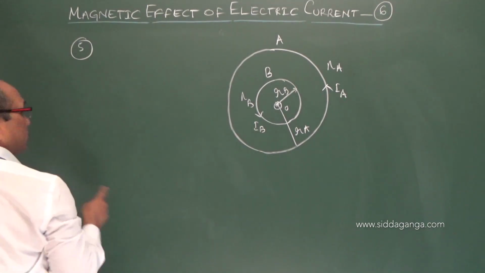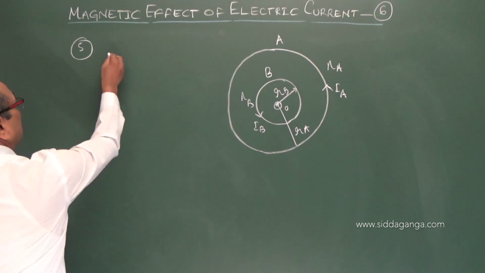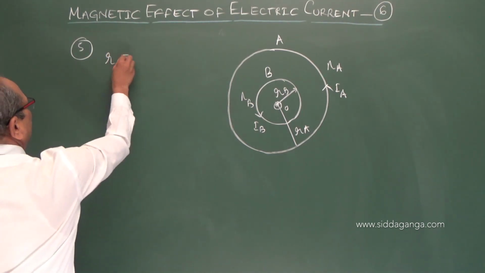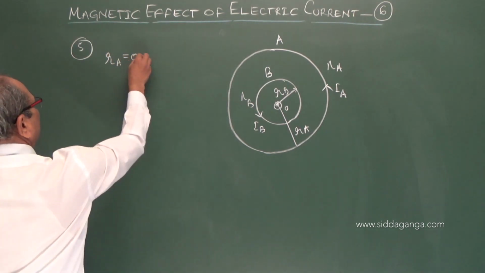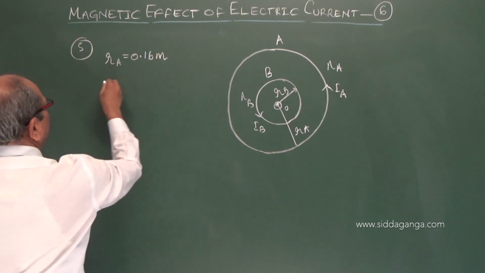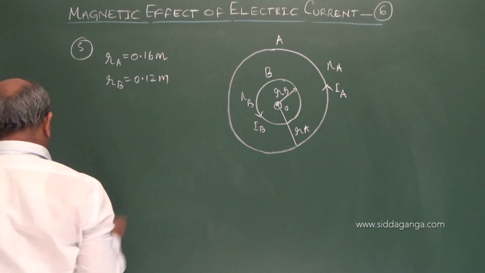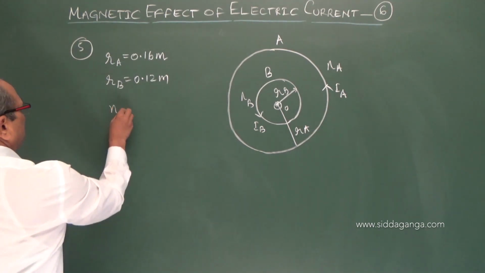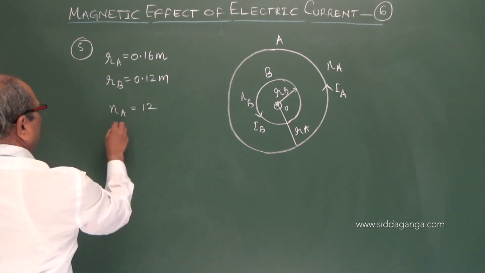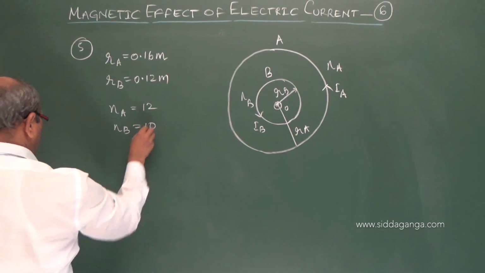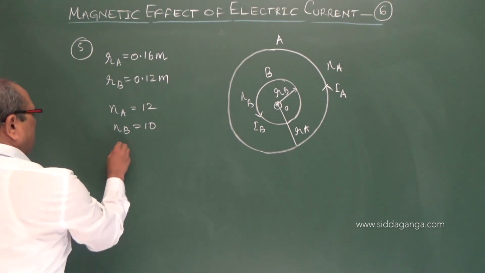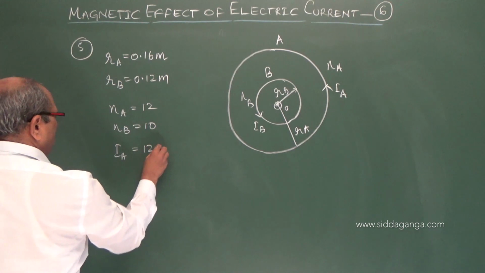So the given conditions: the radius of the outer coil is 0.16 meter, the radius of the inner coil is 0.12 meter. Number of turns in A is 12 and that of B is 10. Current in the outer coil is 12 ampere.